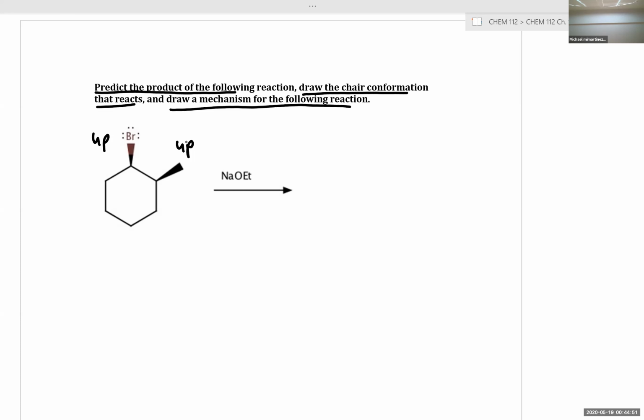Okay, and now we're going to populate our cyclohexane ring with hydrogens. So let's put together a model of this compound. Give me about 1 minute, just putting it together and checking that it looks good in the camera.